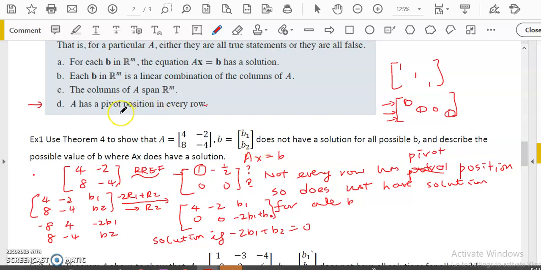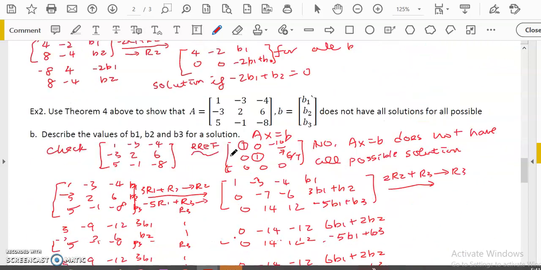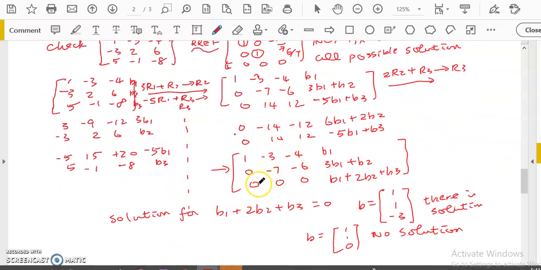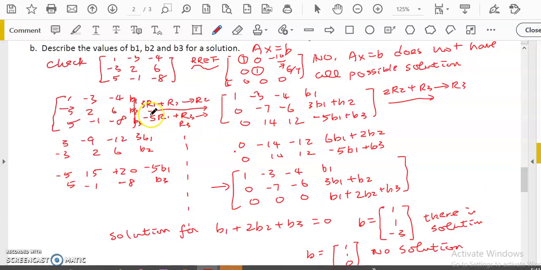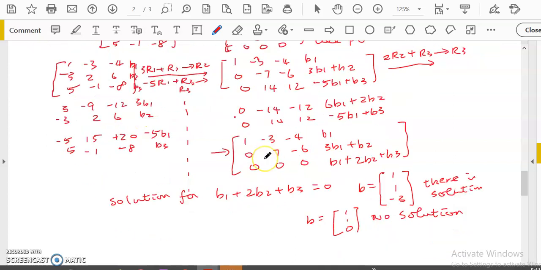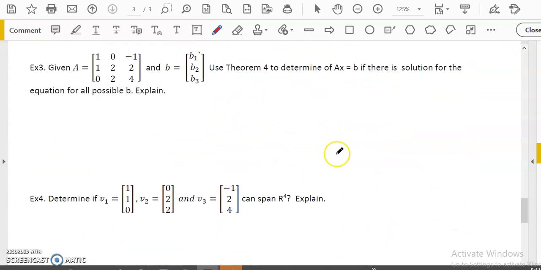But if you don't have a pivot position in every row, sometimes you would have no solution, because in that row that doesn't have one, you could end up with 0, 0, 0, b or 0, 0, 0, 0. So it depends. And to find out the situation, you actually have to do elementary row operations by hand. So you do really need to know how to do it. Okay, so do this one.